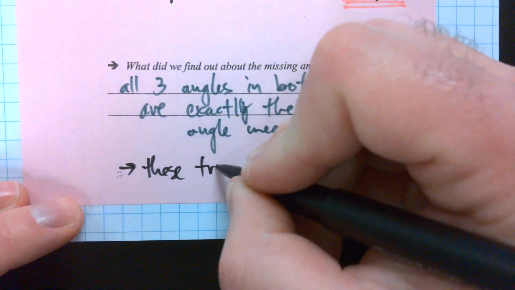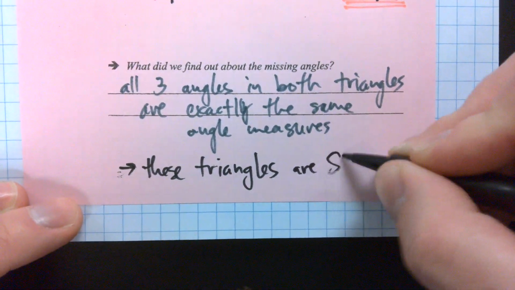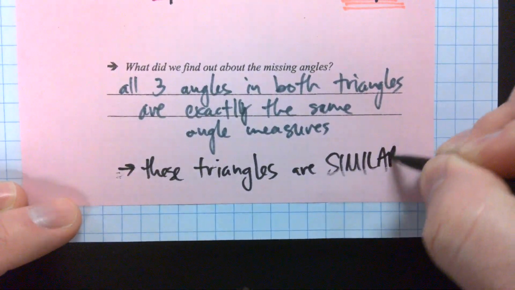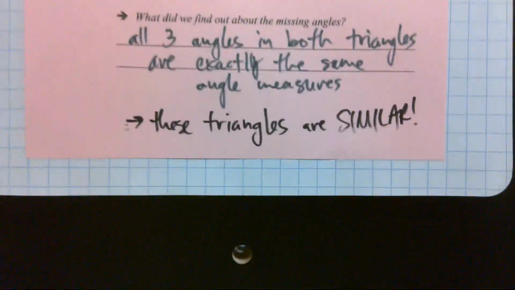Therefore, these triangles, and this is what we'll get into on the next sheet, are similar. Okay, put it away, please.